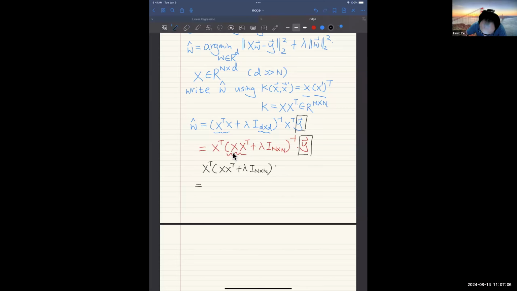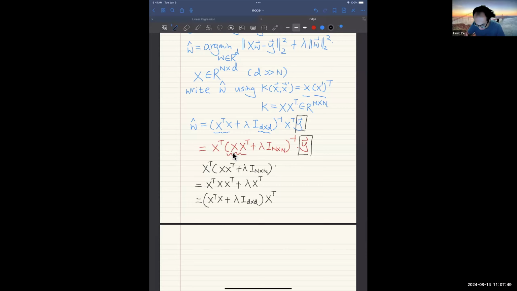This becomes X transpose X times X transpose plus lambda X transpose. Then we are going to factor out X transpose X plus lambda identity, in this case D by D, times X transpose. This is how we get around this.